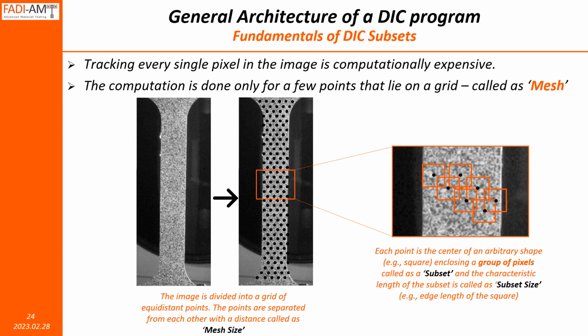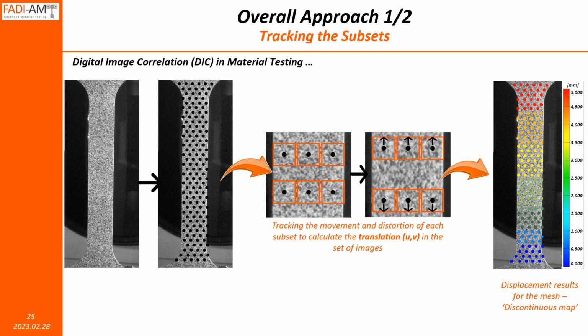In this example, we have a square mesh and a square subset. So what DIC does is it tracks the group of pixels inside a subset, and it basically latches onto a subset and tracks how that subset moves in 3D space in case of a 3D DIC.